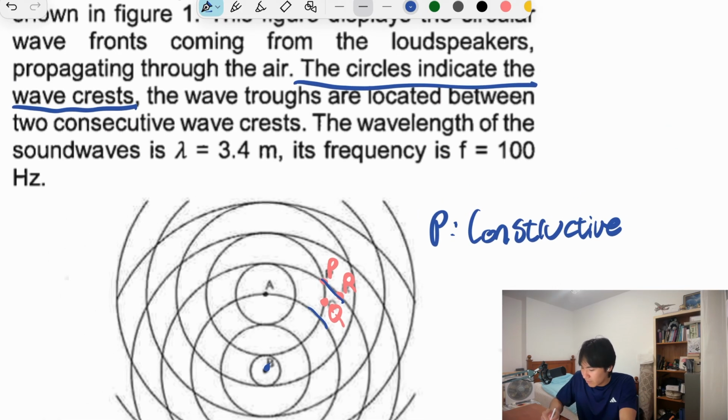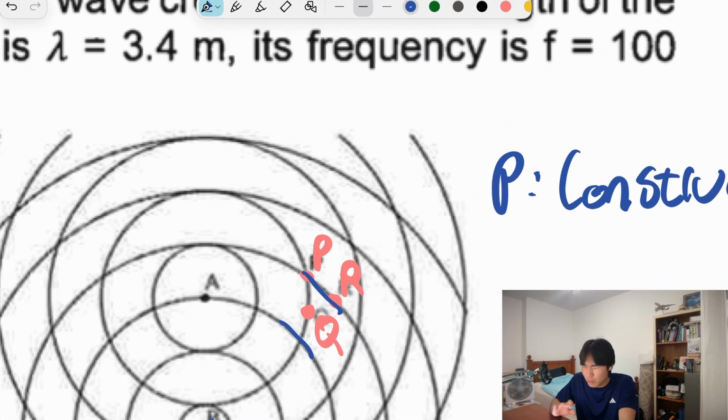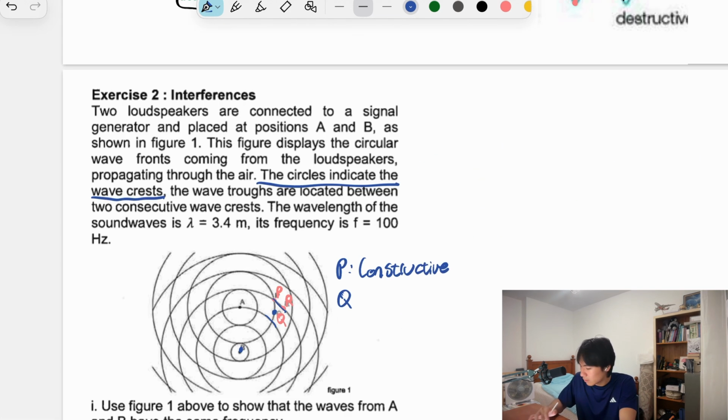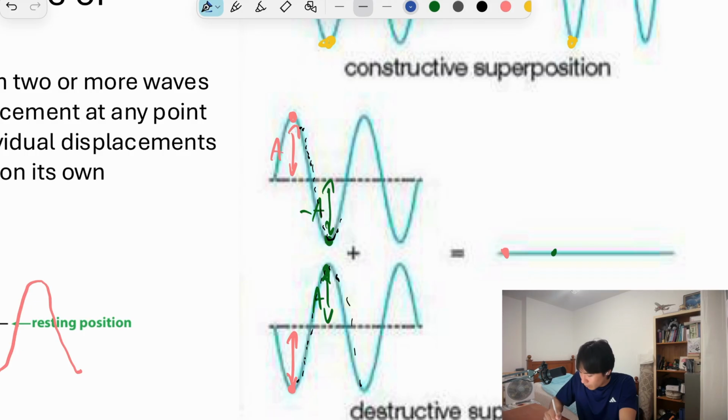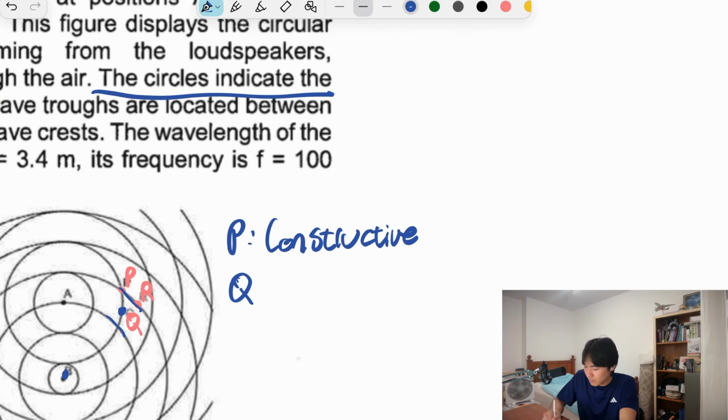You know that the wave troughs are located right in the middle of two consecutive crests. So here should be a destructive interference. Why? Because B is at the bottom position and A is at the top position, which means that they add up to 0. So that's why Q is destructive.